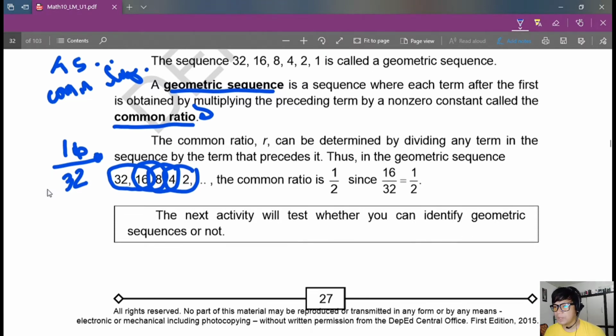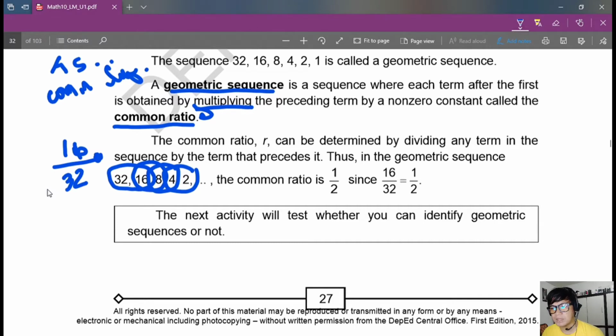So anong gagawin dun sa common ratio to identify the next term? Sinabi dito is you will obtain the next term by multiplying. So in order for you to know the next term, you are going to multiply the common ratio.